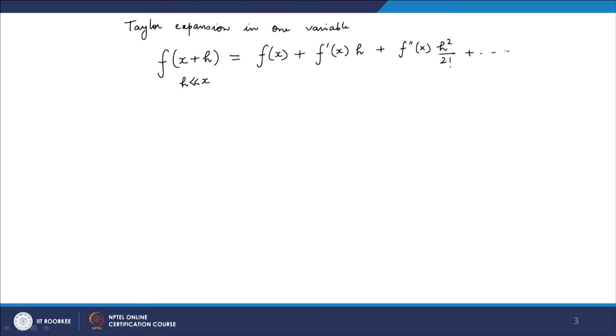Now, if we have more than one variable, we can write this as, let us say the variables are x1, x2 and so on, and we are h1, h2, h3 far from there.